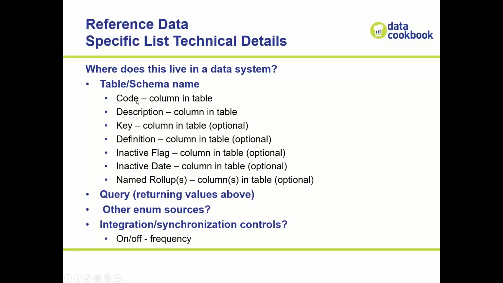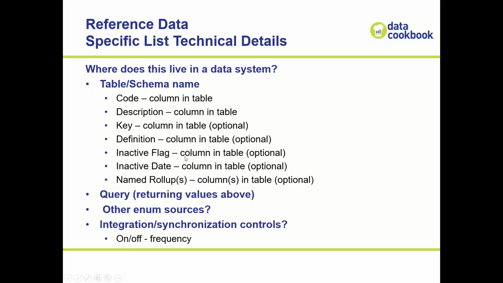And then for all of the specific bits of information you're going to track, say, what column in that table represents the code? What column in that table represents the description? That's the minimum required fields that you want to track. But then you might say, if there is a key that's different than the code, what column tracks that. If there is a more detailed description, which I'm very unlikely to find, you can say what column represents that.